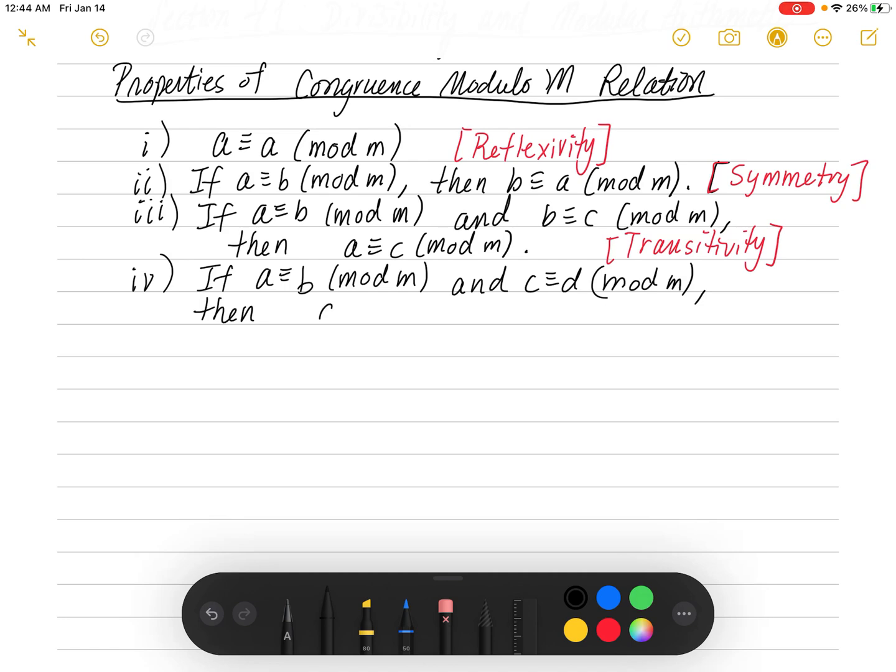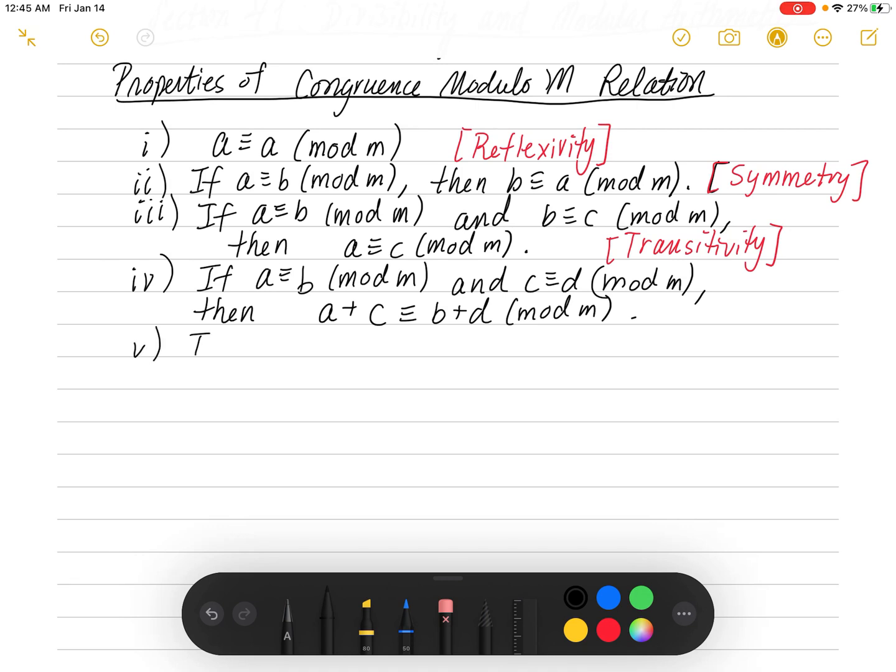If I take a and add it to c, that's going to be congruent to b plus d mod m. Basically, if I add the left-hand sides of the congruence relations, a and c, then that's going to be congruent to the right-hand sides, b plus d. So almost like equations, where you add equations, you can add congruence relations.